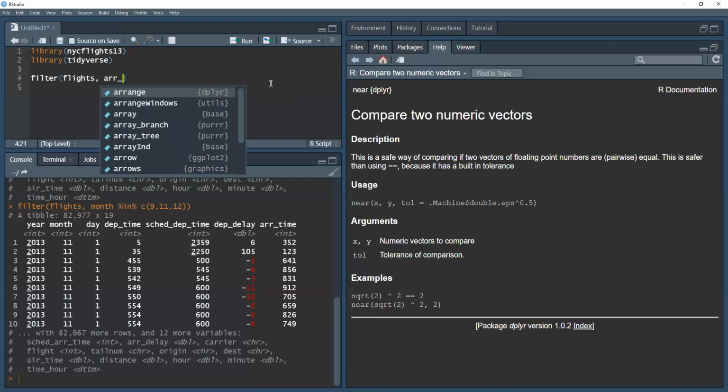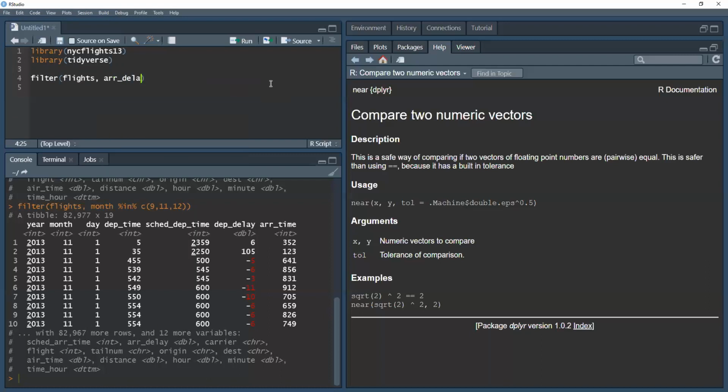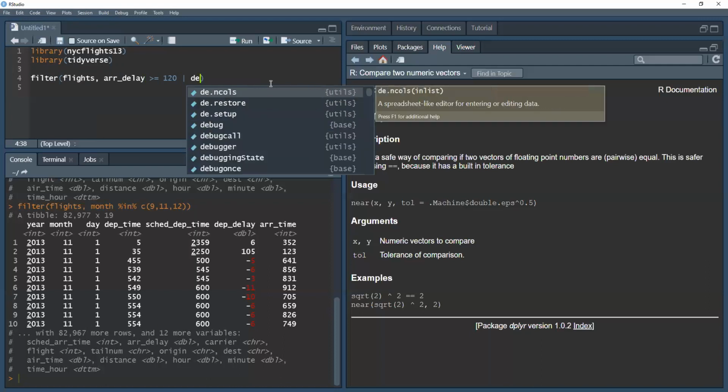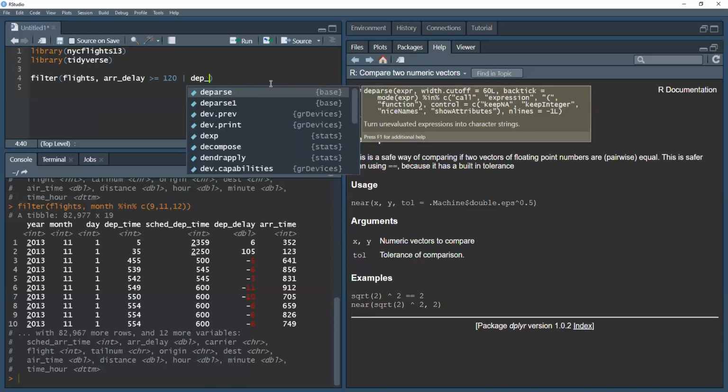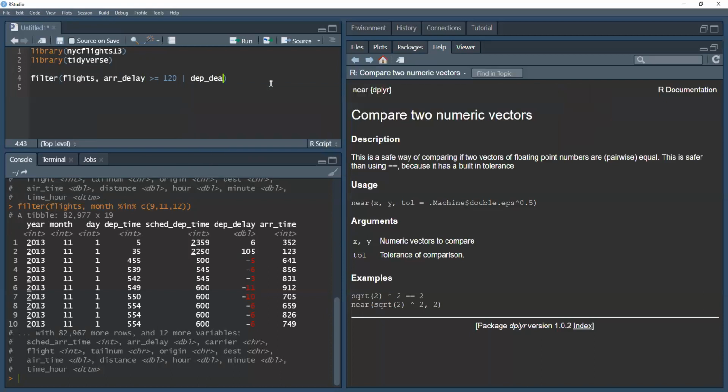the arrival delay being greater than 2 hours, right? In this data set, it's in terms of minutes, so I put down 120 minutes, or my delay time, right, being the departure delay being greater than 2 hours.